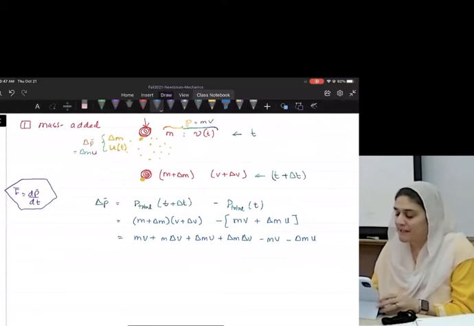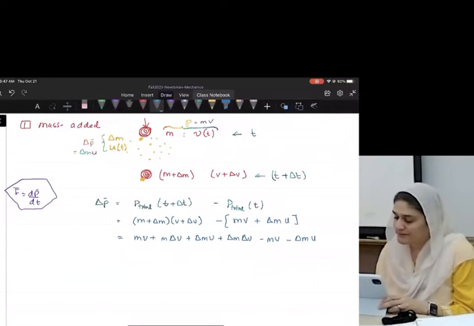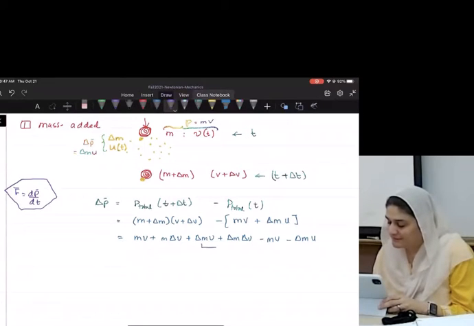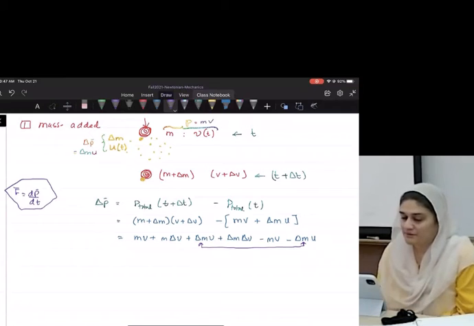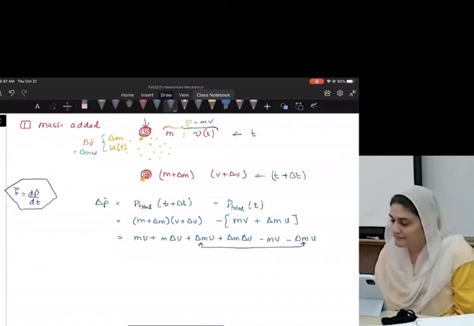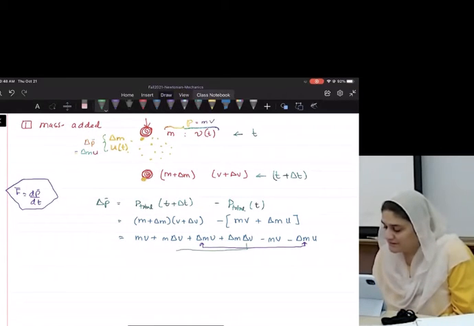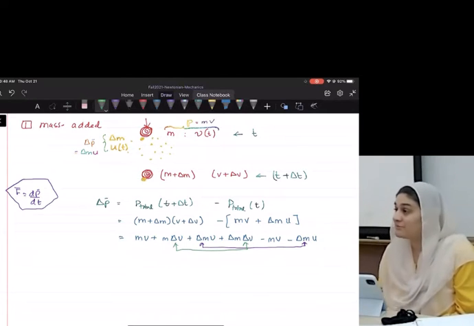Okay, may I combine a few things? So for example, I have a delta M here and a delta M here. May I combine those two? And then I have a delta V and delta V here and here. May I combine these two?